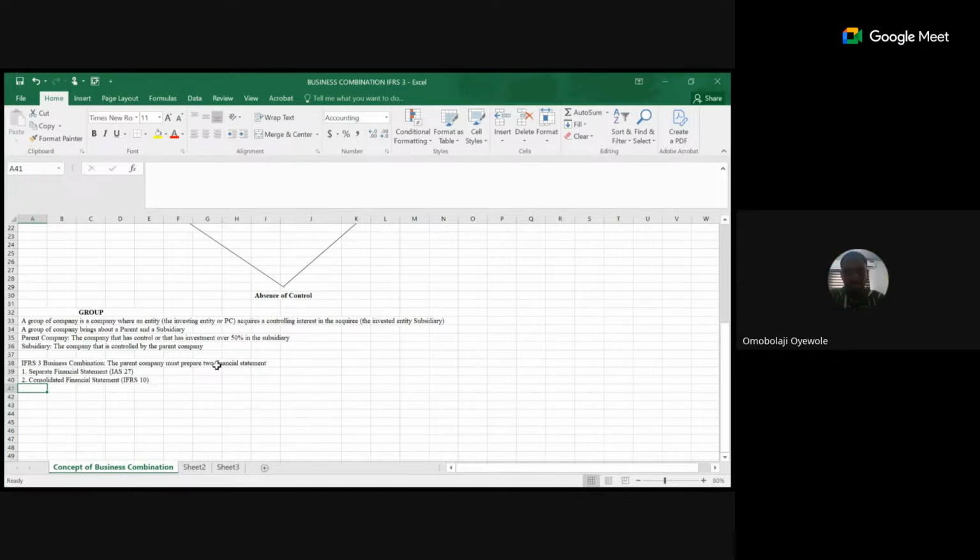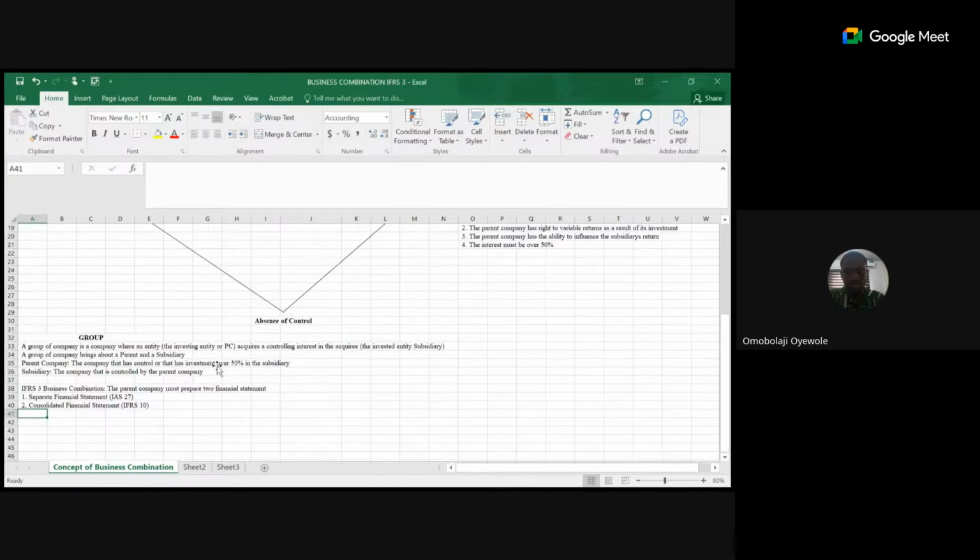Okay. So before we start talking about a consolidated financial statement, let's look at what business combination helps us to understand. IFRS 3 business combination says that a parent company must prepare two financial statements: the separate financial statements and the consolidated financial statement.